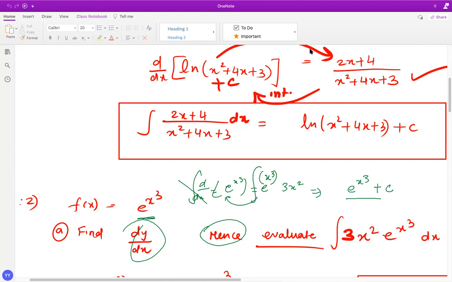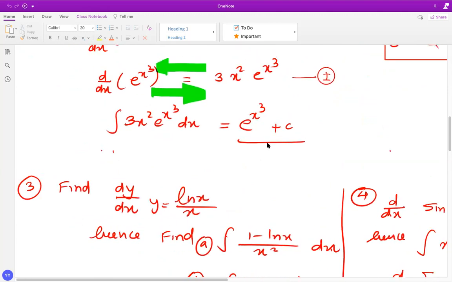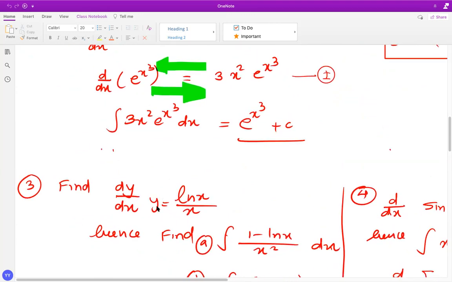Let's take one more example where you have to do a little bit of adjustment. Here the function is y equals ln x over x. Hence find the integration of this. The first part is to do the derivative and then use that to find this.